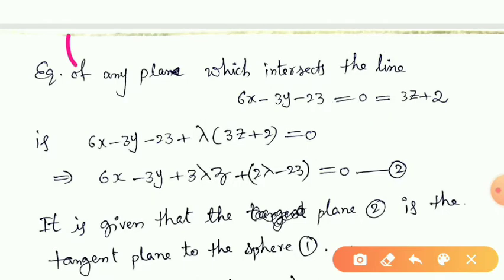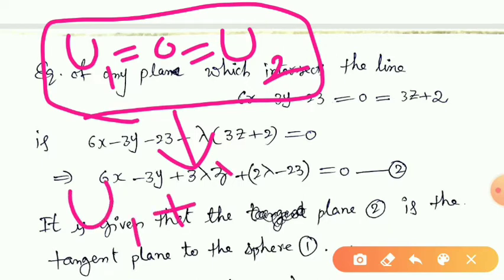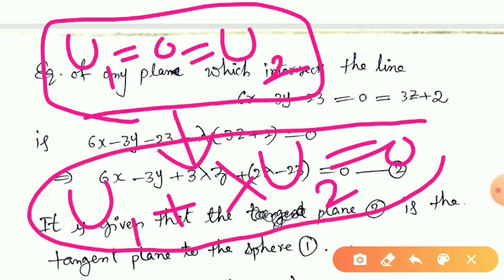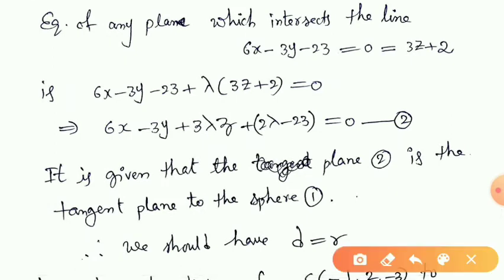Whenever u1 equal to 0 and u2 equal to 0 each represent a plane, then the equation of any plane passing through the line can be written as u1 plus lambda u2 is equal to 0. This is the common equation to represent any plane passing through the line given by u1 equal to 0 equal to u2.